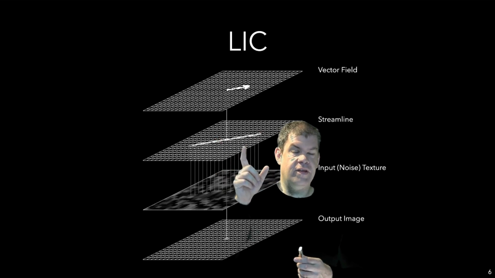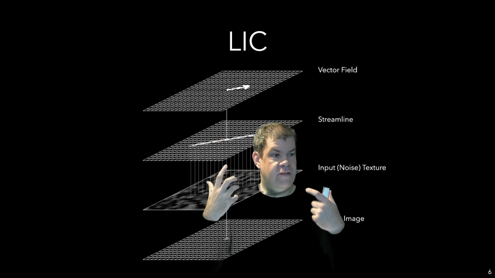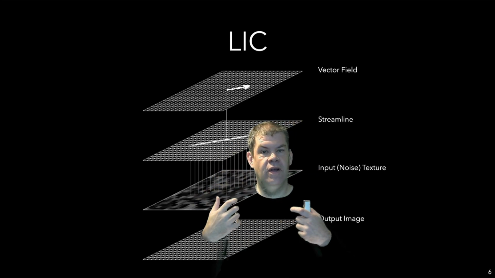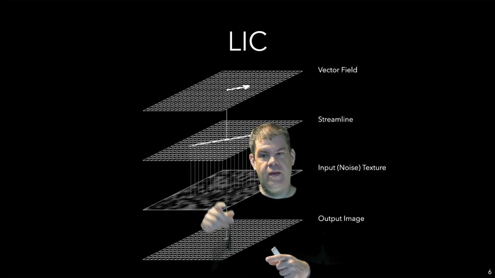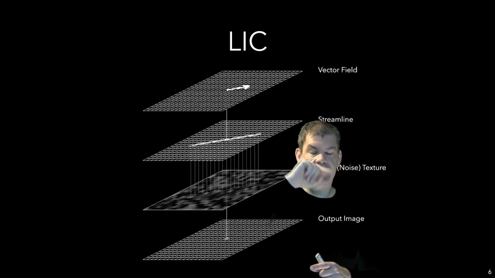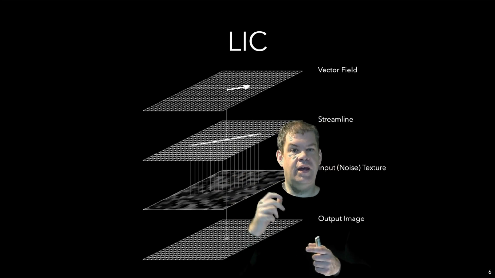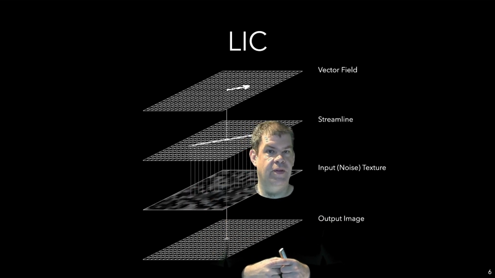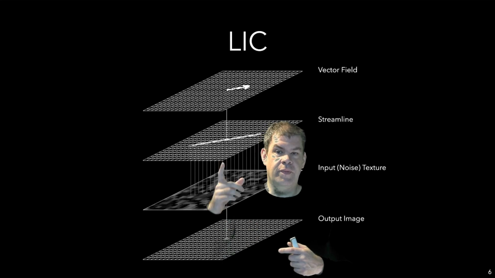I've just drawn this as a straight line, but it's effectively a particle trace through the vector field that is frozen in time. So that would give me, for a vector that points in this direction, something that wiggles this way. I also compute the streamline in the opposite direction, which is fairly straightforward. I just have to choose a negative delta t, or a negative delta u.